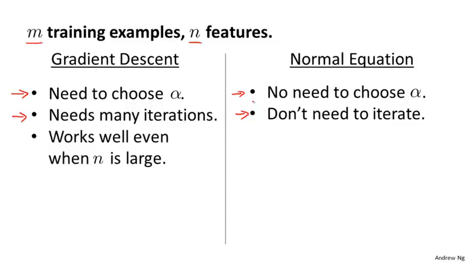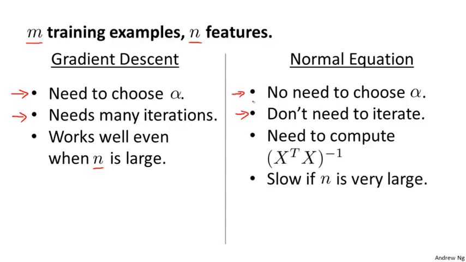Gradient descent works pretty well even when you have a very large number of features. So even if you have millions of features, you can run gradient descent and it'll be reasonably efficient and do something reasonable. In contrast, the normal equation, in order to solve for the parameters theta, we need to compute this term, X transpose X inverse.